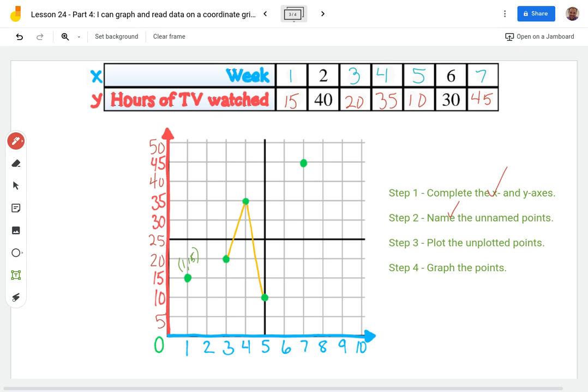So let's plot 2, 40 first. Let's go over to 2 and up to 40. That'll be right there. And then we'll plot the second point next, 6, 30. So we'll go over to 6 and up to 30.